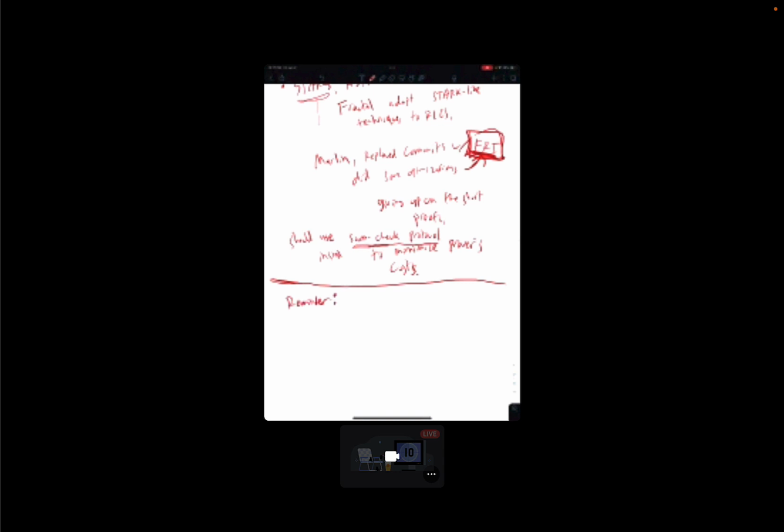So the sum check protocol takes a multivariate, let's say l-variate, polynomial G, and the goal is to compute the sum of G's evaluations over the Boolean hypercube.